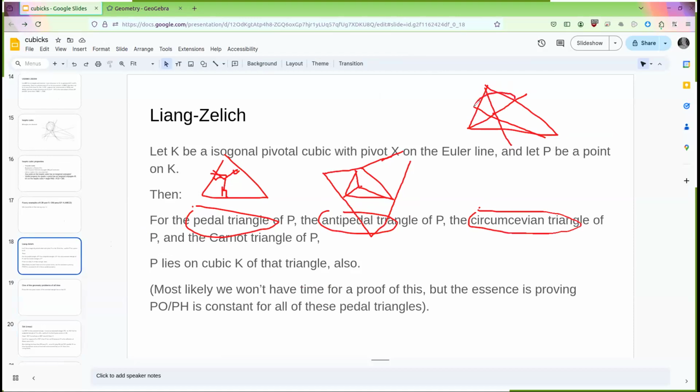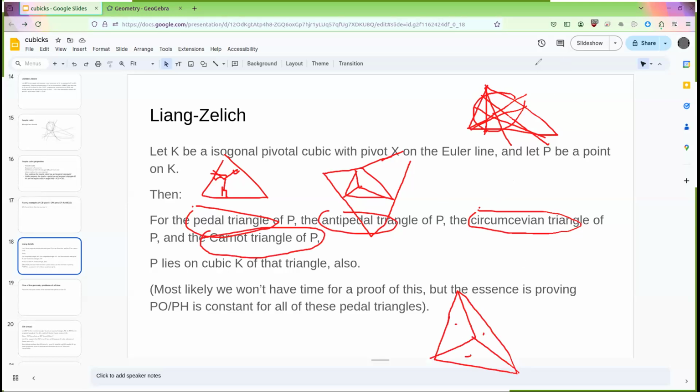And then you draw the circle. And then you take this intersection point and the other intersection points of it, and the triangle formed by the other intersection points, and the Carnot triangle of P, which is a triangle formed by the circumcenters of these three subtriangles.